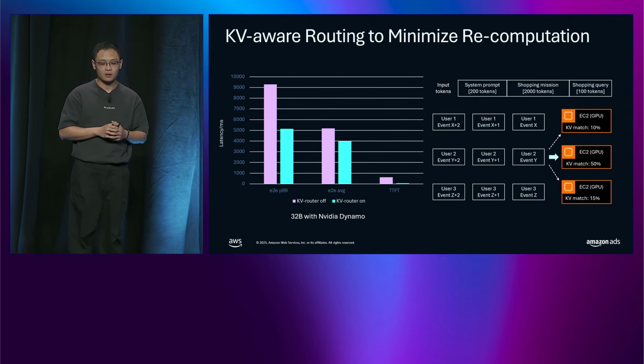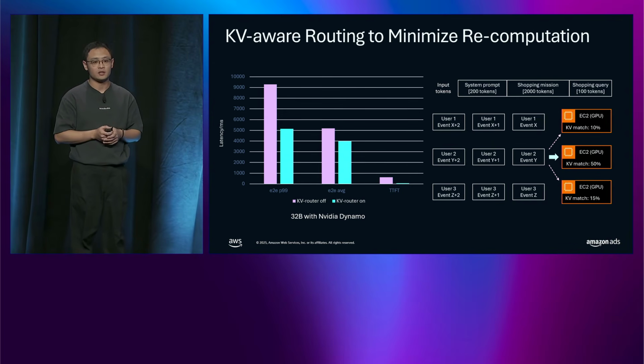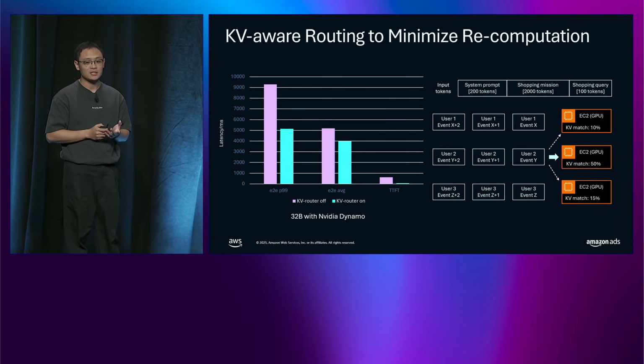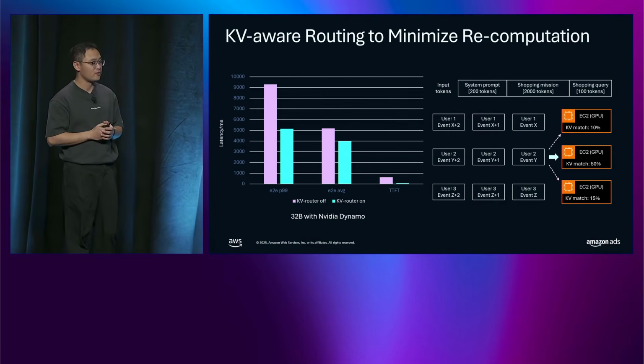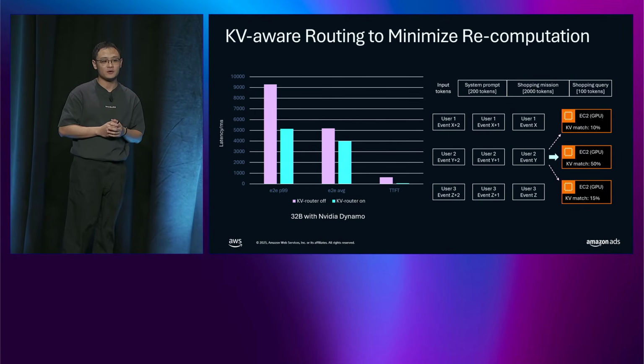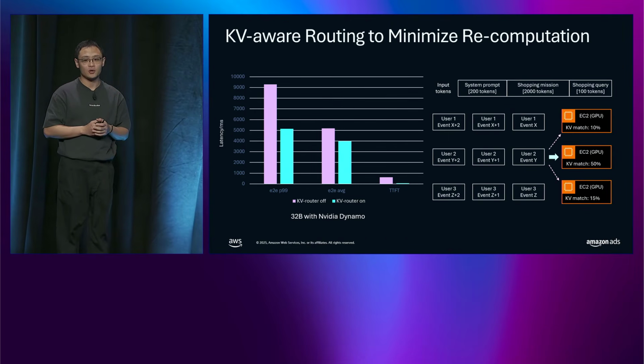Again, in this benchmark running on NVIDIA Dynamo against the 32B model, you can see with the KV router enabled, this setup helps reduce end-to-end latency by 20 to 40% at different percentiles. And the difference is even more obvious if we focus on the prefill stage, or the time to first token alone.